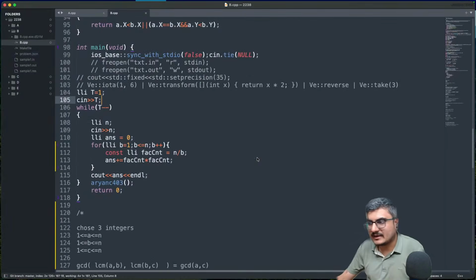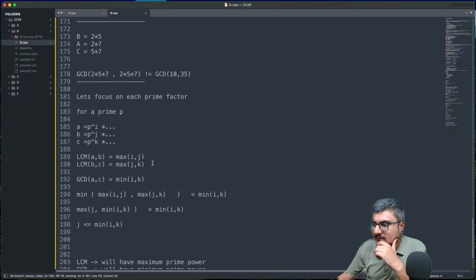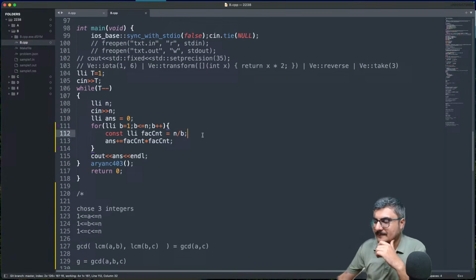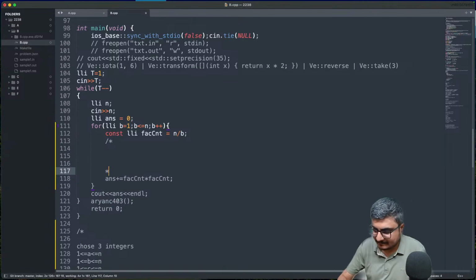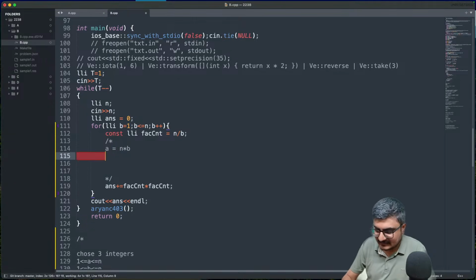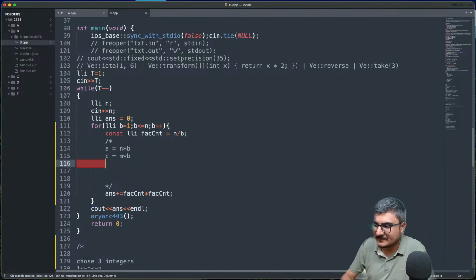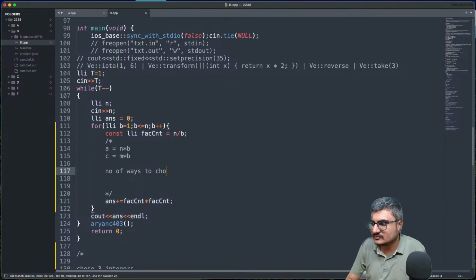Okay, why do I square? First, did you understand why, how we got floor of n by b? One is for A, one is for C. A should be equal to some k into B. C should be equal to some m into B. Number of ways to choose k: k is anything between 1 up to n by b.